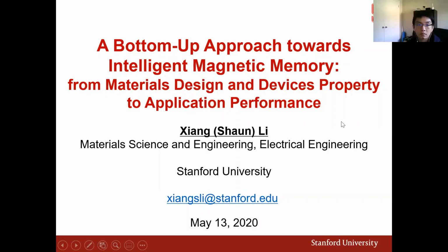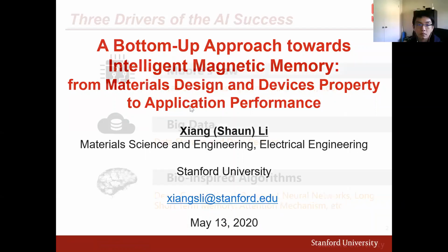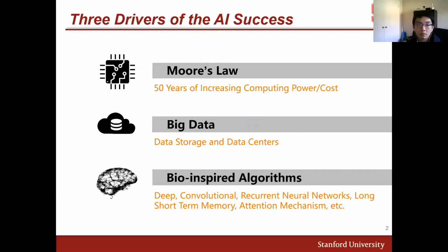First, I'll just talk about why we're interested in memory for intelligent electronics. As we know, the current huge success of AI and machine learning is driven by three main drivers. The first one is Moore's law, driven by the ever-increasing computing power. It's doubling the power at the same cost every 1 to 2 years.